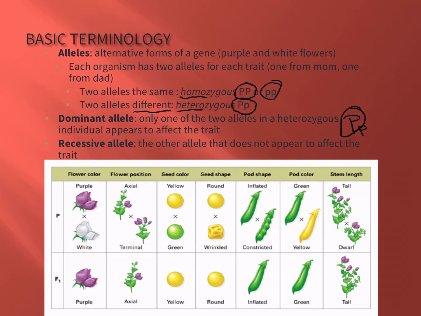The recessive allele, okay, so that would be the little p in this case, does not appear in the heterozygous case, but it does appear when you have homozygous. Okay, so in order to display the recessive allele, you have to have two copies of it, one from mom and one from dad.